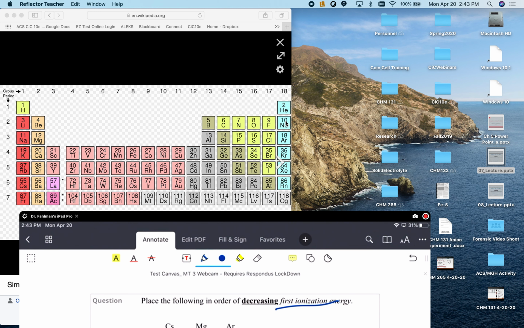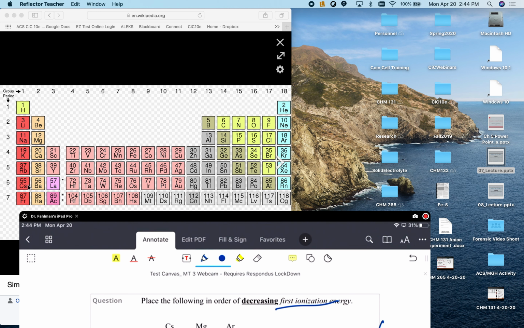Then moving on between magnesium and cesium, you've got magnesium here, cesium way down here. As you go down a group, the ionization energy will get lower.